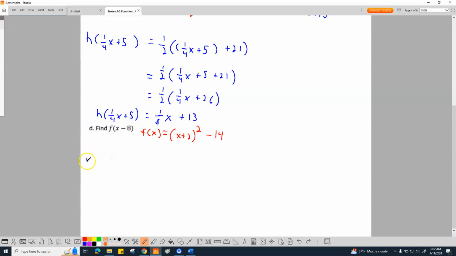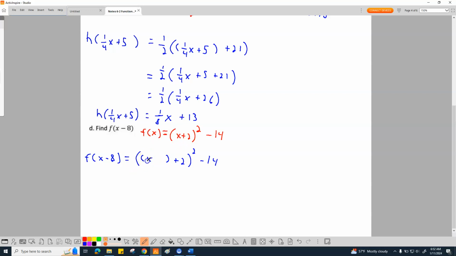So I'm going to write my f of x minus 8 equals, the parentheses stay, y'all, but I'm going to create parentheses as well for that x right there, plus 2 squared minus 14. You can see the first original parentheses are the ones that come with the problem, and then I replace the x with those parentheses.